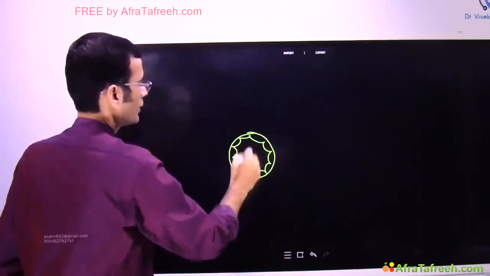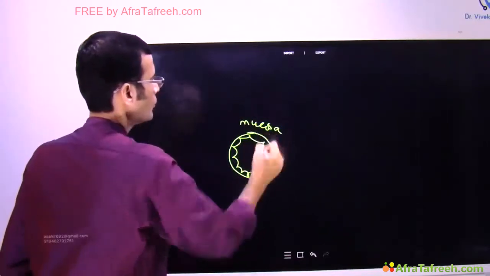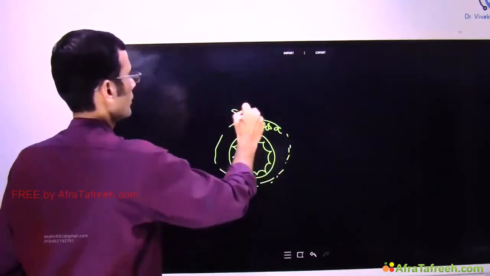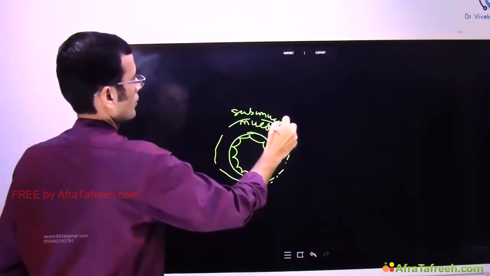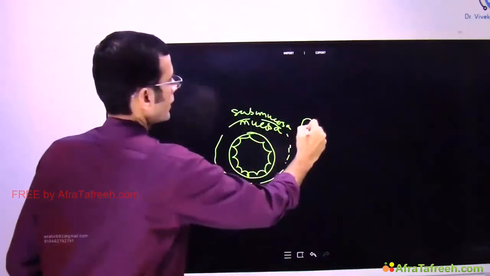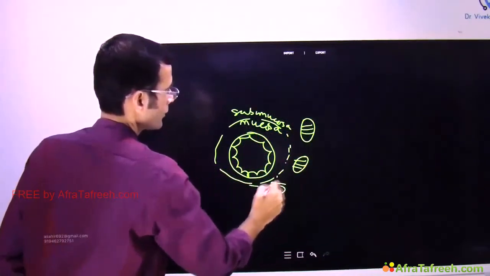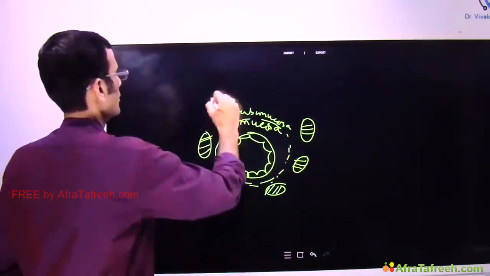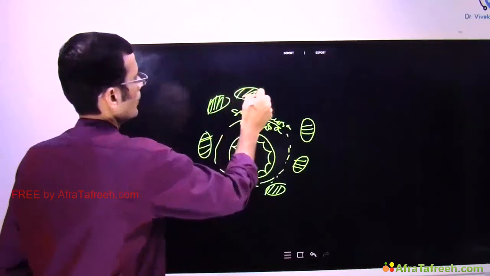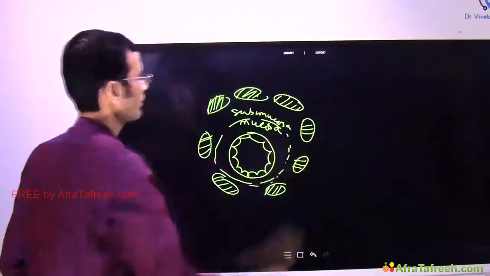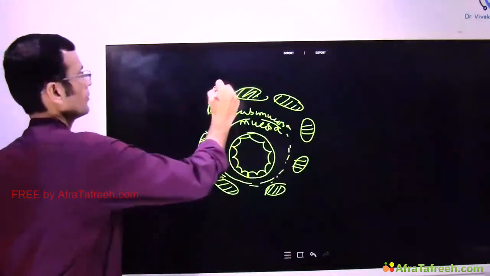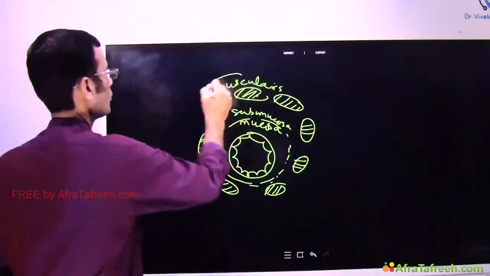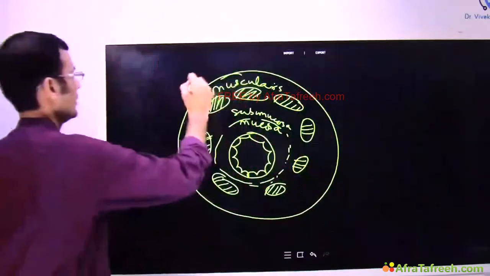The mucosa, the mucosal layer, then the submucosa, then the muscle layer, the smooth muscle lining the digestive tract, the muscularis externa, and then serosa, the serous layer.